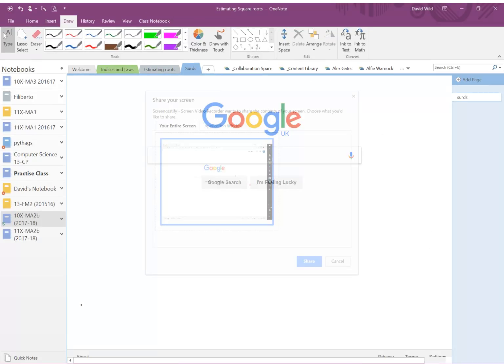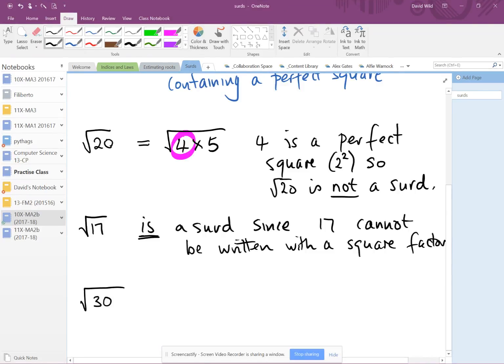How about square root of 30? Let's try. So how can we factorize 30? 15 and 2. Anything else? 5 and 6. 5 and 6 are both 3 and 10.